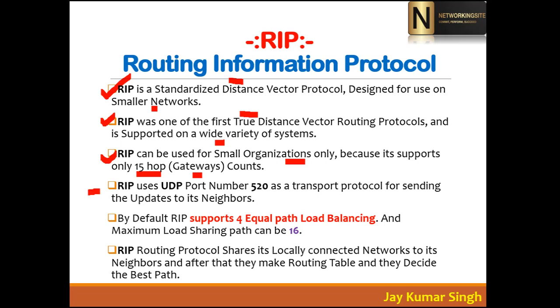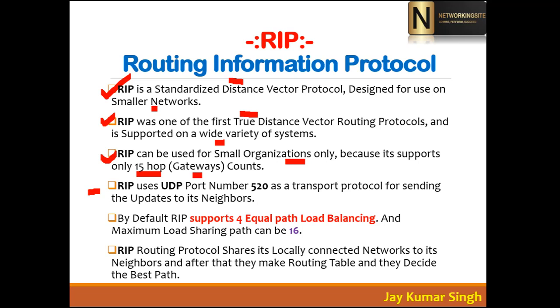When your network is using any kind of service or communication, all those services and communications are based on some port number and protocol. When we are talking about RIP, RIP is a protocol, and every protocol has some port number.